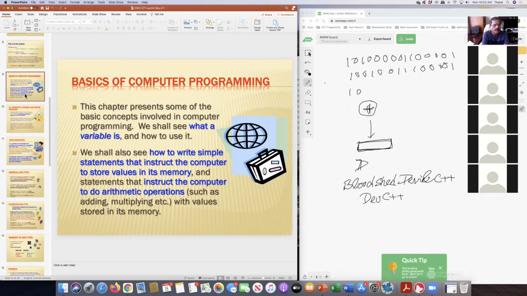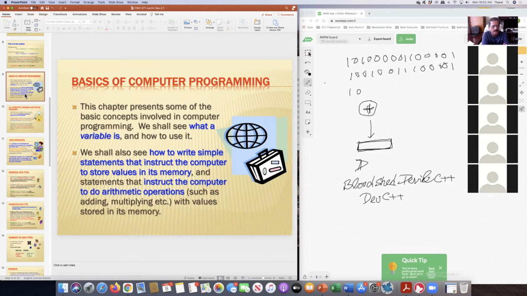So we'll be understanding what a variable is. The variable is the very basic key component of any program. And also how to write simple statements and what would be the meanings of statements in a computer program.